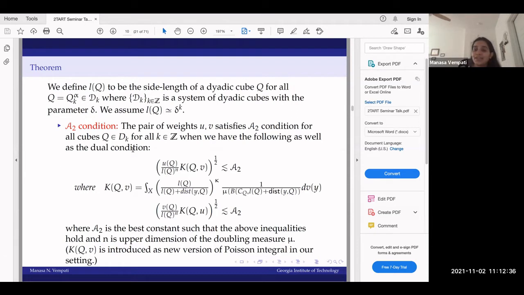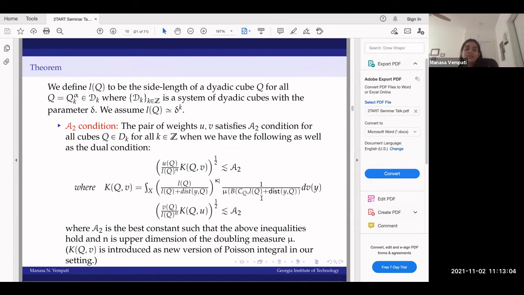Now I'm going to state the A2 condition in our setting. So we say that the pair of weights u and v satisfy the A2 condition for all cubes in the dyadic level k if we have this condition. In this condition, the K_Q v that you see here is given by the integral, and if you observe closely, this integral looks very similar to the Poisson integral that I defined earlier.